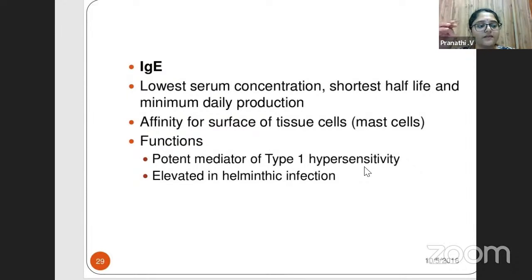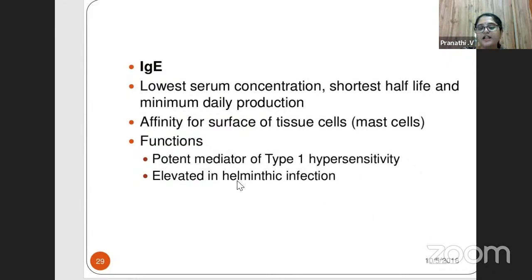Because of which you have histamines, bradykinins, prostaglandins, different kinds of interleukins, tumor necrosis factor, and proangiogenic factors all released by the mast cells, especially histamines. This is what causes the allergic reactions.